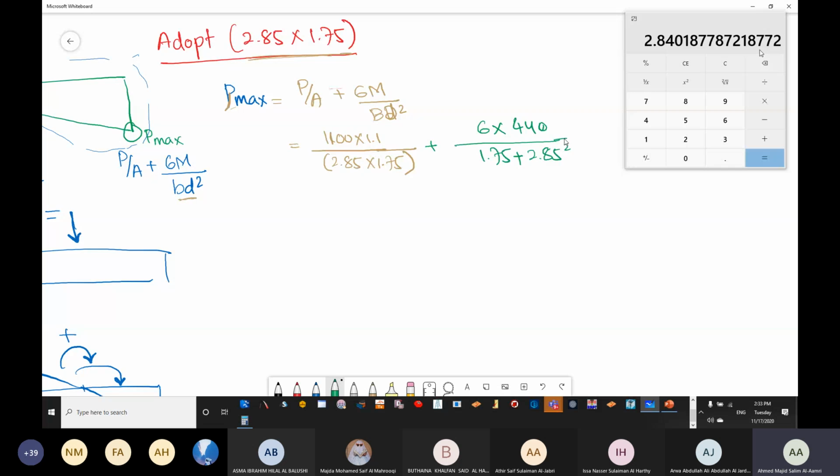2.85 square. Now, can you calculate for me this value? Give me the values. Excuse me, sir. Yes. In the second term, in the denominator, you put plus. It's multiplication. True.